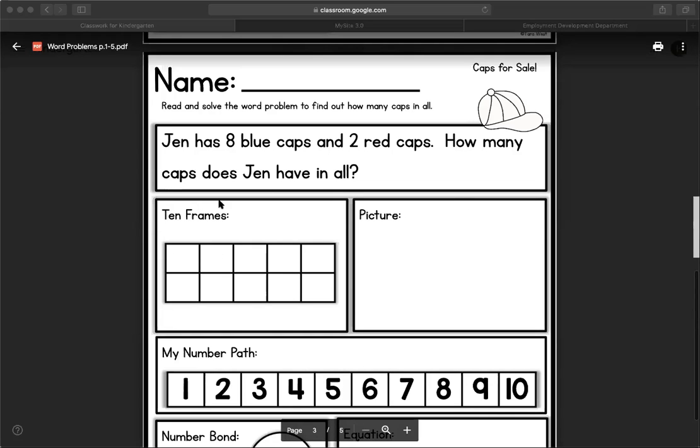So I want you guys to try using the different methods to solve this word problem. And then once you're done, you can raise your hand and we'll call on you so you can share the different methods you used. So start with your 10 frames and then work with your picture. Then go down to your number path.